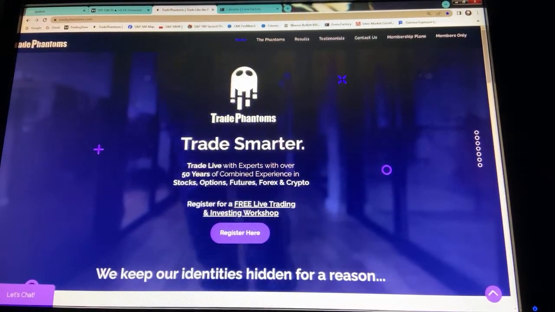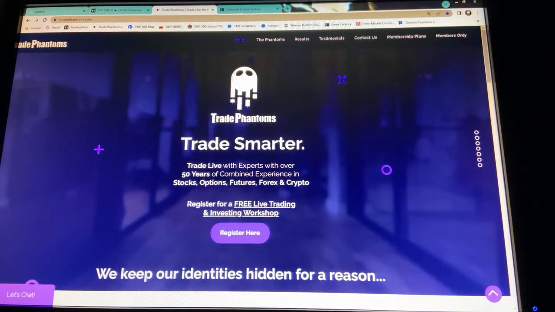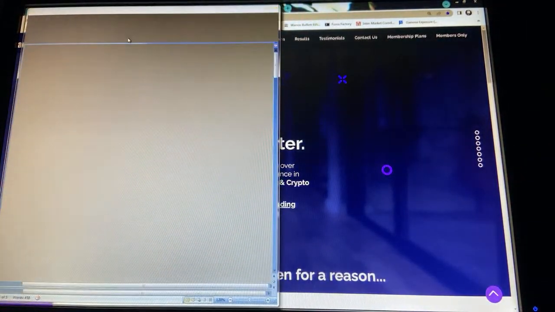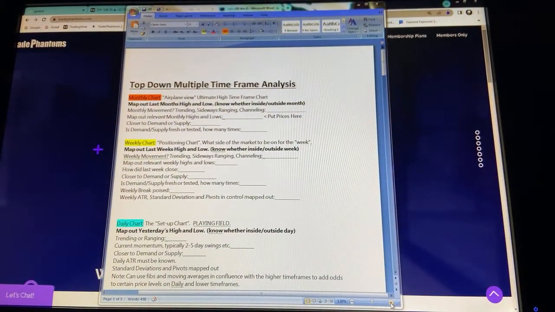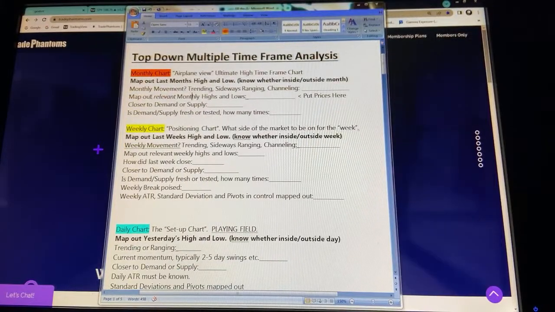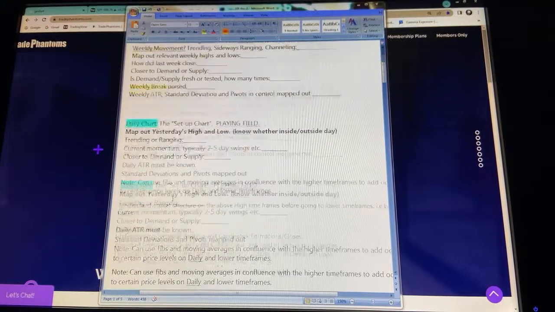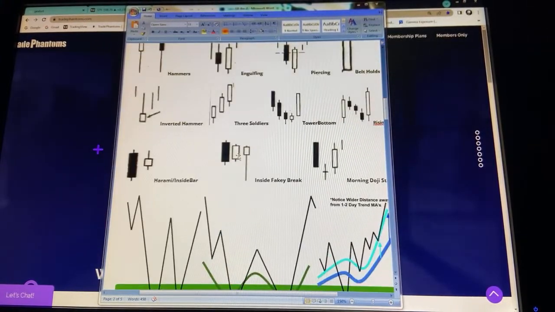As always, I always bring this up just really briefly. The foundation of Phantoms here is demand supply, institutional order flow, a higher top-down approach: monthly, weekly, daily. Kind of have things color-coded here. Quick checklist for the team to get your trade plan started. Orange, yellow, blue is the color code for monthly, weekly, daily. We got location of candlesticks, candlestick patterns.